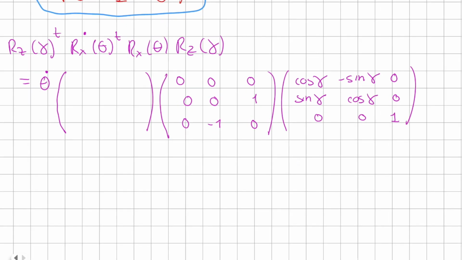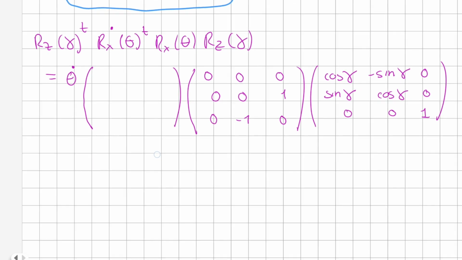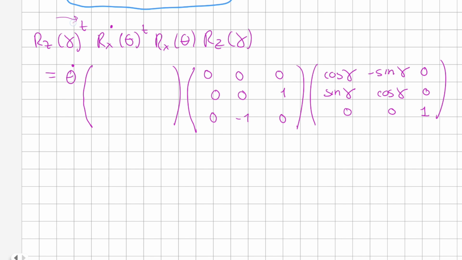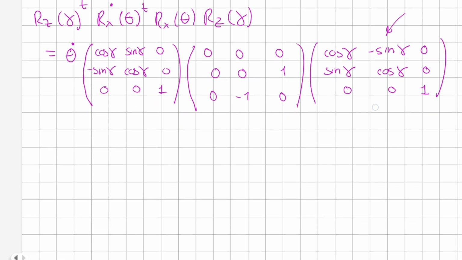And then we have calculated, actually no, it is just the transpose. Yeah, so it is easy. We just need to take the transpose of this matrix. So we are going to get cosine of gamma, sine gamma, 0, then minus sine gamma, cosine gamma, 0, 0, 0, 1. Perfect.